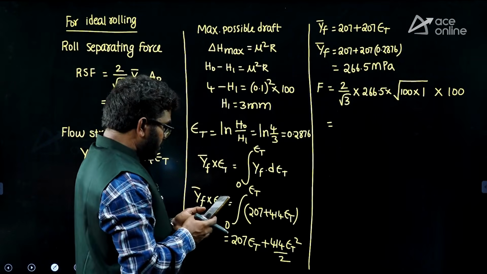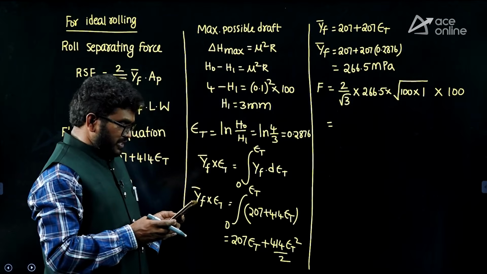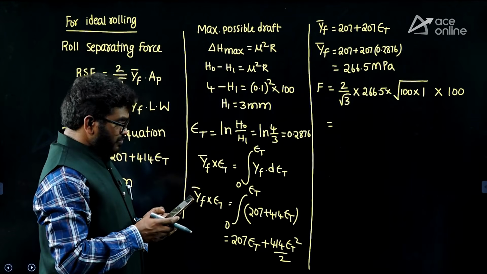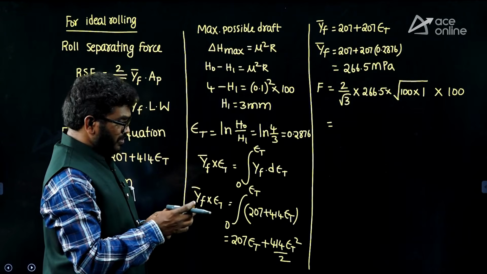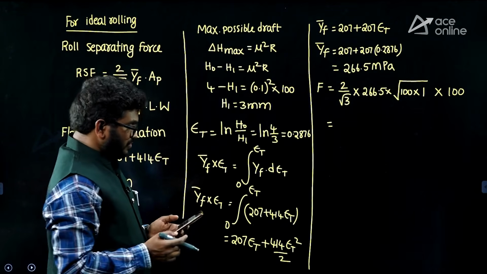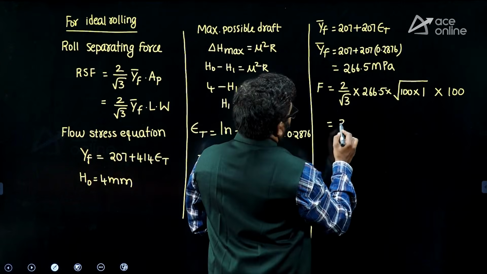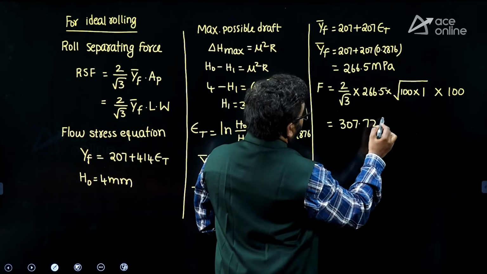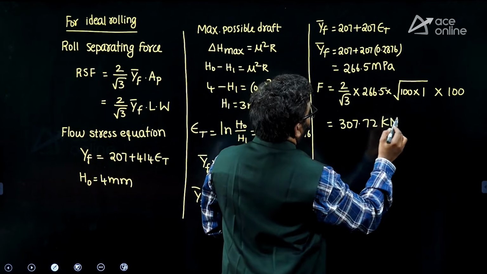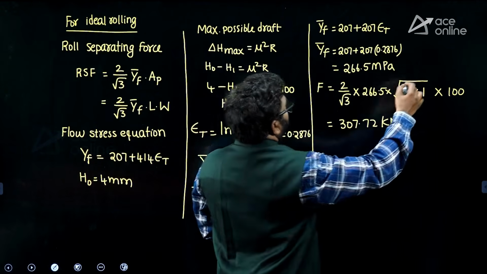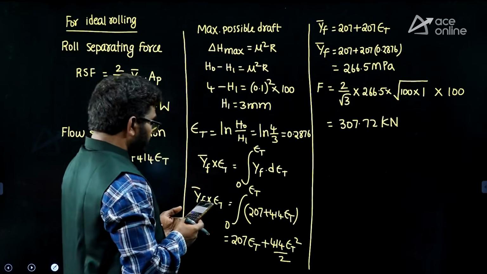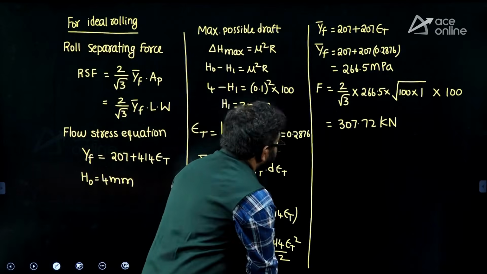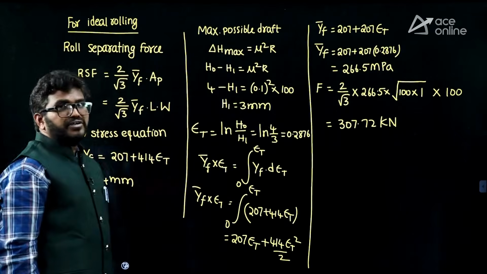Now 2 divided by root 3 into 266.5, so 307.72 kilonewton, because this is kilo. Approximately we will get the answer 307.72.